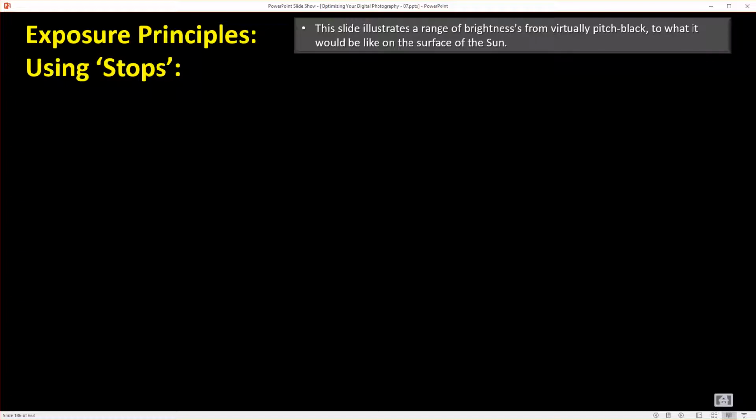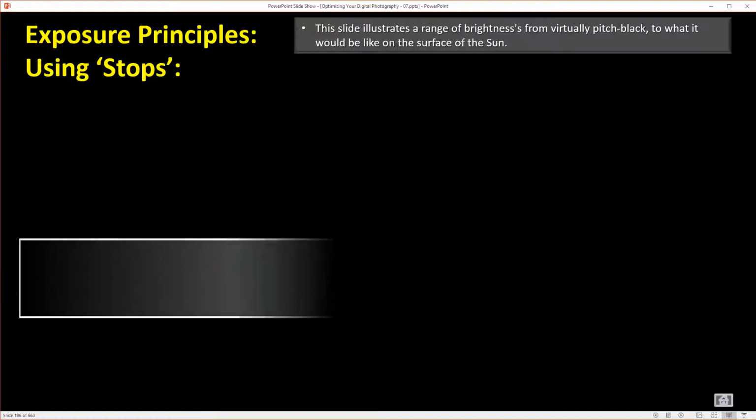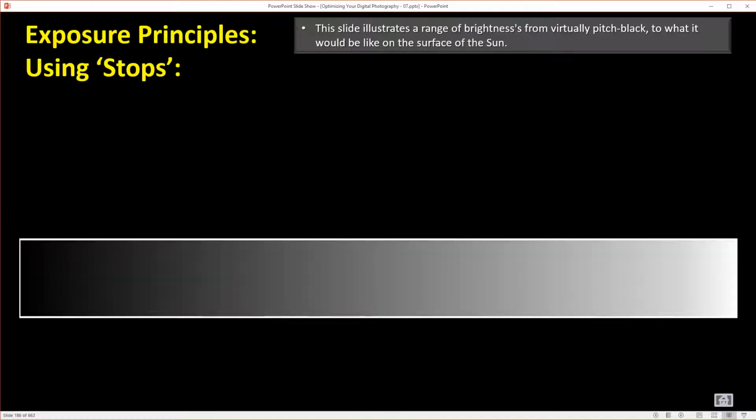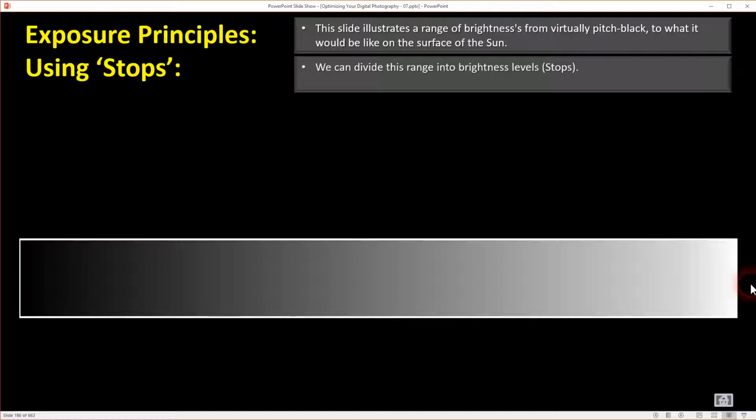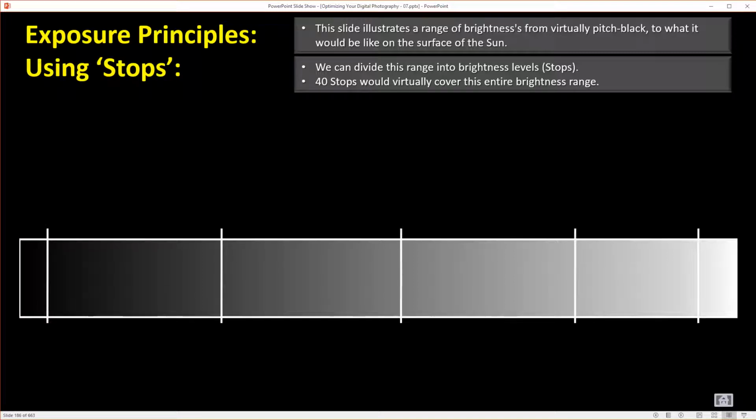So this slide illustrates the range of brightnesses from virtually pitch black to what it would be like if we were actually stood on the surface of the sun, which would be quite bright. Okay, from dark through to bright. We can divide this up into brightness levels, which we call stops, and because of this exponential scale, the whole thing can be encompassed within about 40 stops or so.